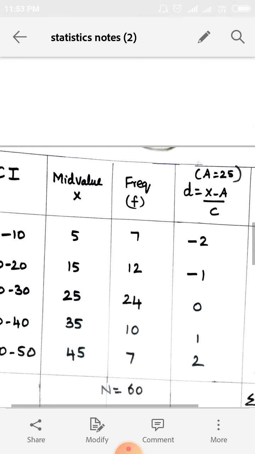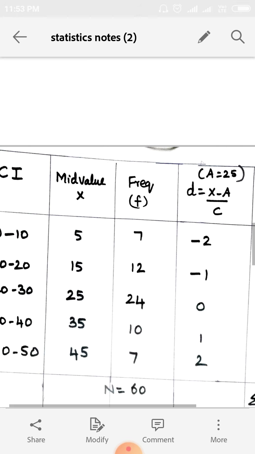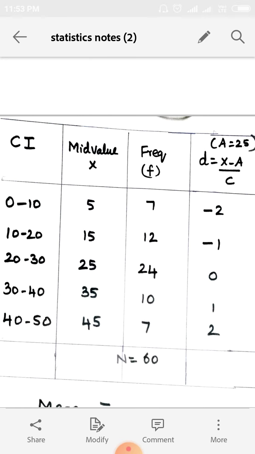Now we have to find d. What's the formula for d? x minus a by c. Here c is equal to 10. So first, listen. What's the first value of x? 5. 5 minus 25 divided by 10. 5 minus 25 is minus 20. Minus 20 by 10 is minus 2. Next, 15 minus 25 divided by 10. 15 minus 25 is minus 10.